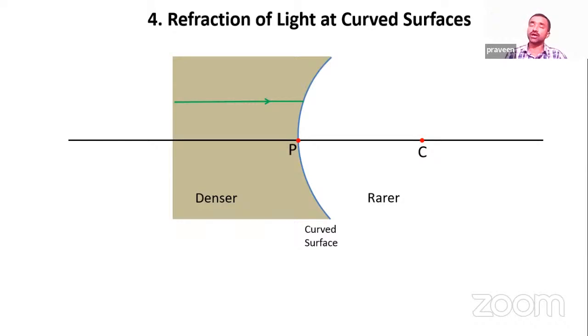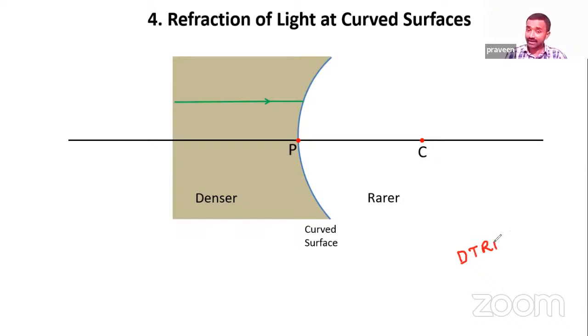That depends on the direction of propagation: denser to rarer. So here the light ray parallel to the principal axis goes from the denser medium to the rarer medium, D2R.